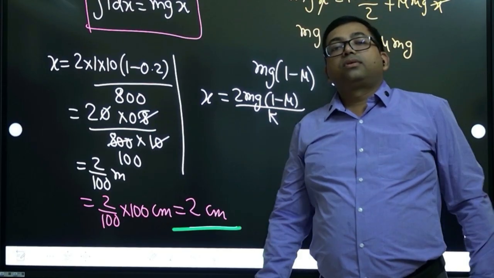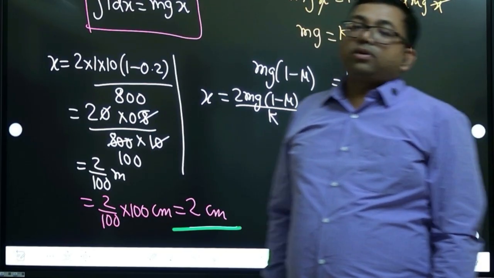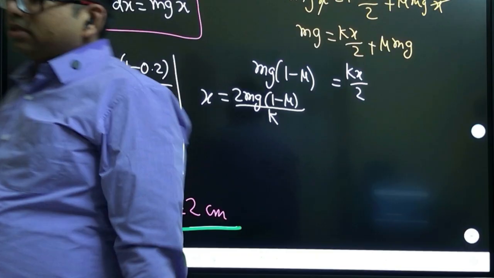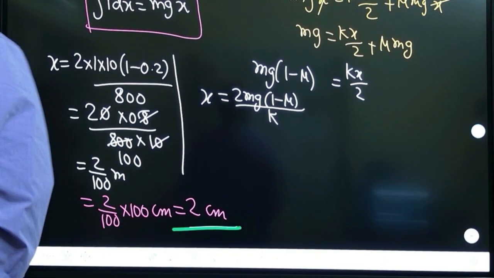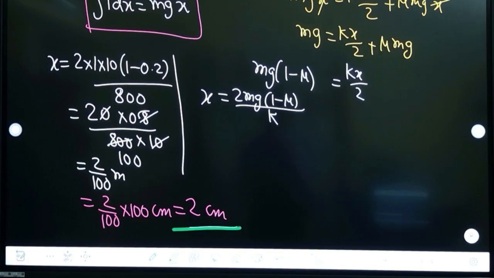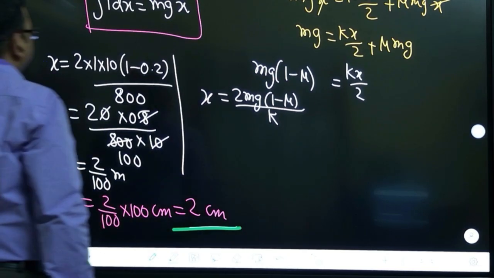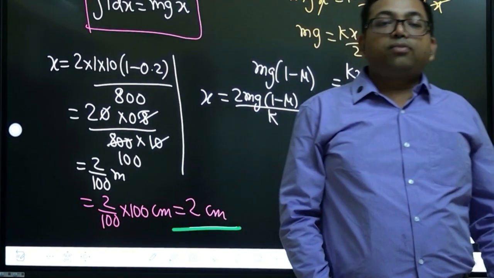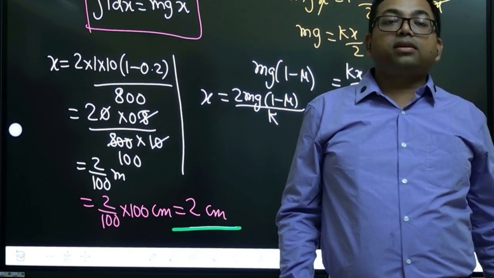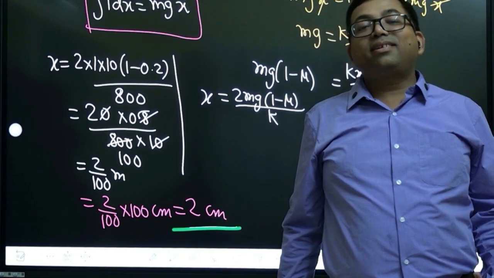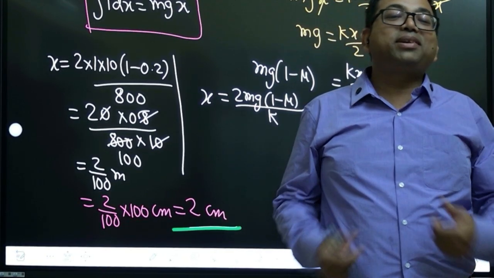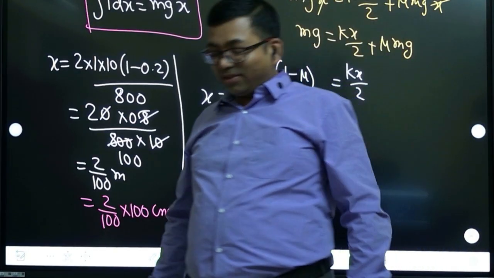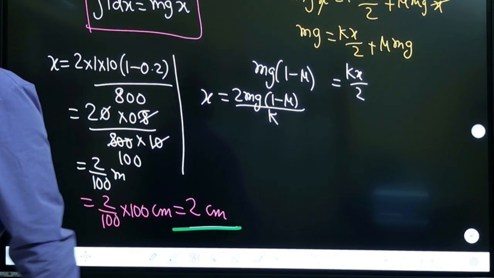So out of 360, total marks is around 360. If you can score 200 marks, you can get all India rank within 2000 or 3000. And if you score nearly 300, then you may get all India rank within 1000 or within 500 also. That is possible.